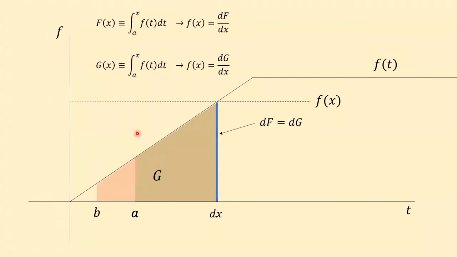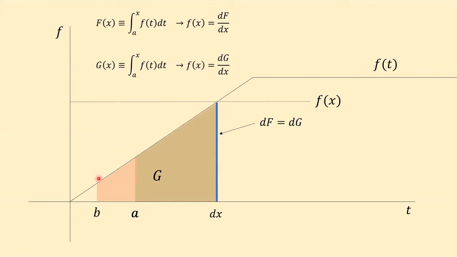You'll notice, though, it's not essential that a be located here. Previously, I was looking at the area starting from here out to some variable position x. But what if we instead started collecting area from over here at some other t-coordinate, which I will call b? The same argument would still apply.